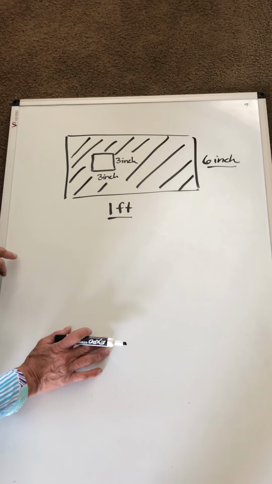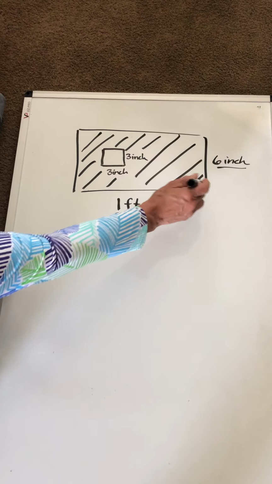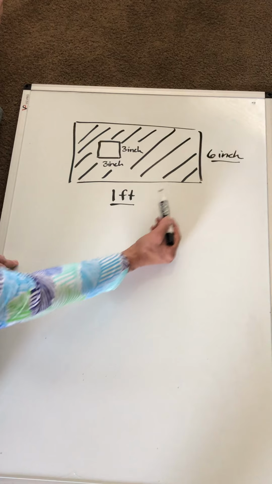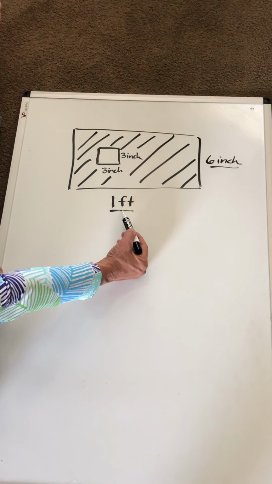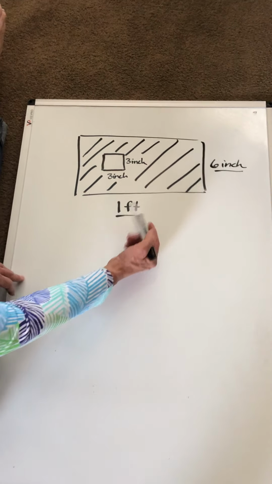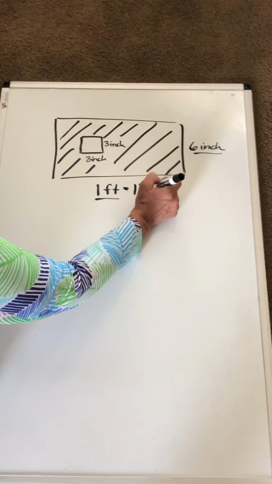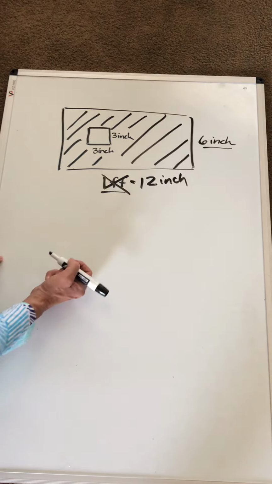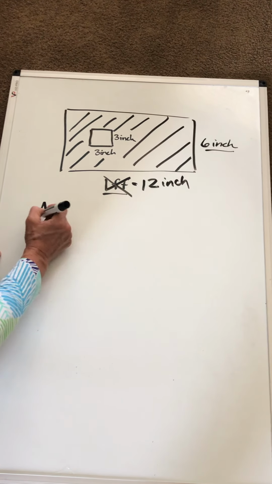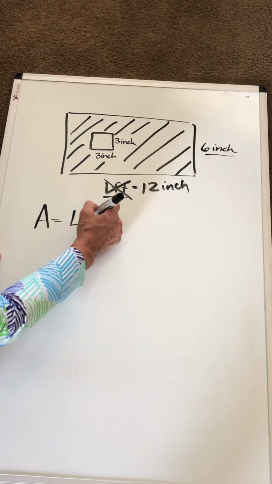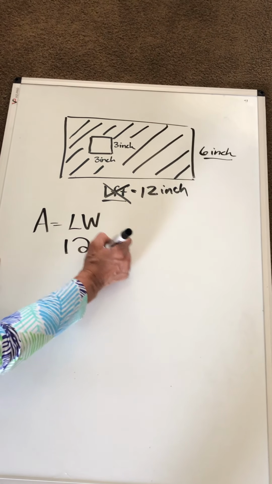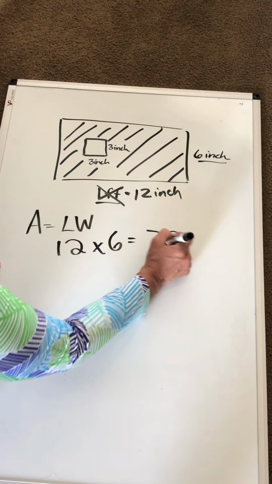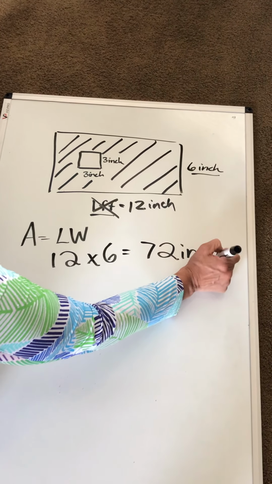So the first thing that we want to do is find the area of this rectangle. Because we have inches and feet, we have to convert our feet into inches. And we know that 1 foot equals 12 inches. So now we have inches and inches. Okay? So the area of that rectangle is length times width. So 12 times 6 equals 72 square inches.